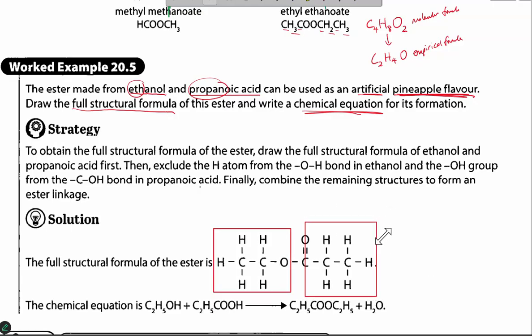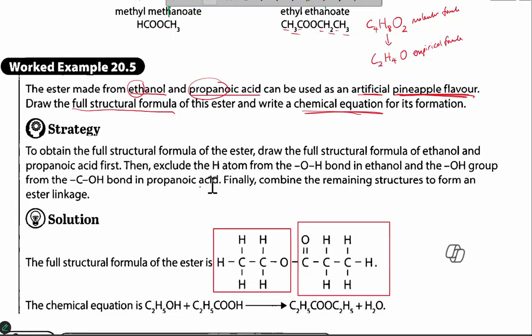So I have removed the OH from here, but the 3 carbon is called propanoic acid, propanoate. Here is 2 carbon. This is ethanol, or ethyl. So ethyl propanoate is like that. Alright, this is the final answer. This is not working. Working, basically you need to draw the ethanol and draw the propanoic acid. Ethanol remove H, acid remove OH, join together.